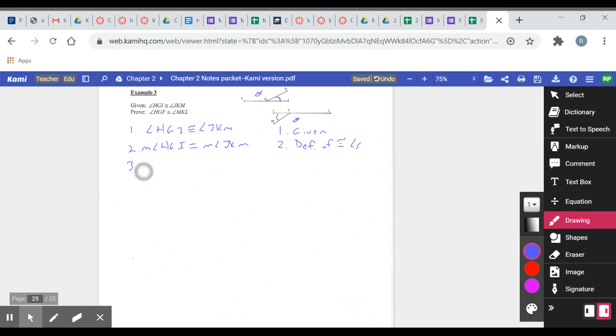So in this case, I can say measure of angle FGI is equal to the measure of angle HGF plus the measure of angle HGI.